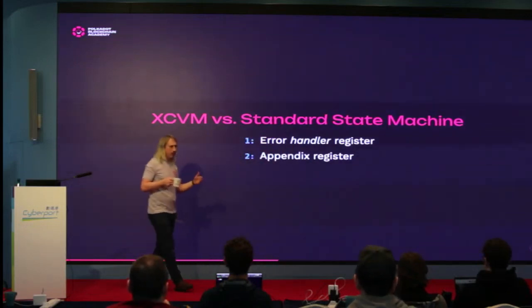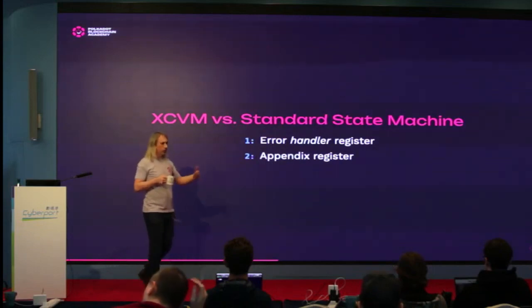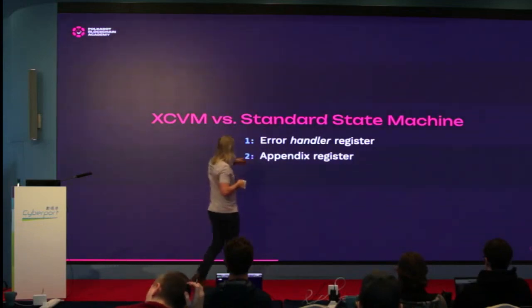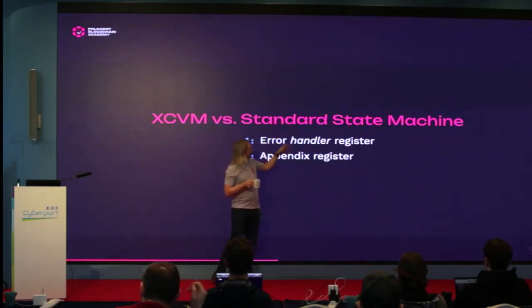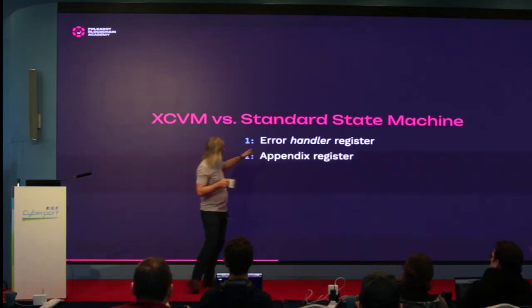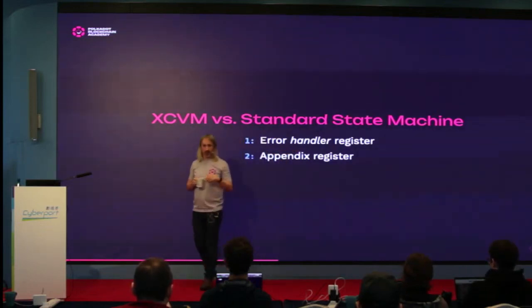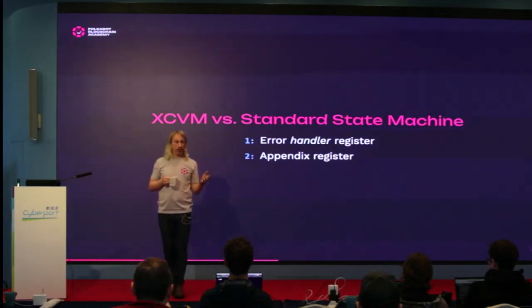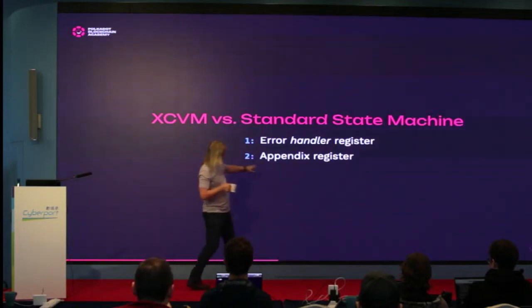It's like if something unexpected happens, if an instruction can't do what it's meant to do, then rather than continuing, it actually replaces the current program with whatever program is in the error handler register. So the error handler register is actually just a program. The appendix register is also a program.